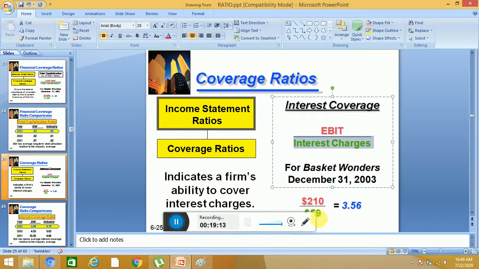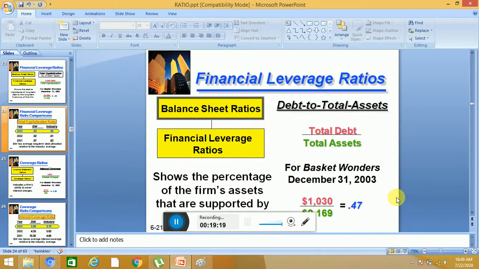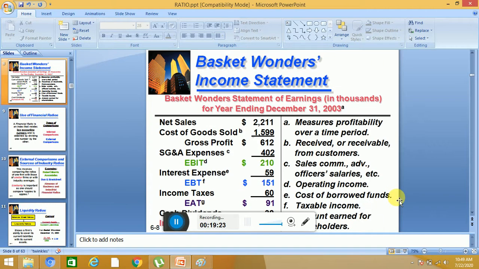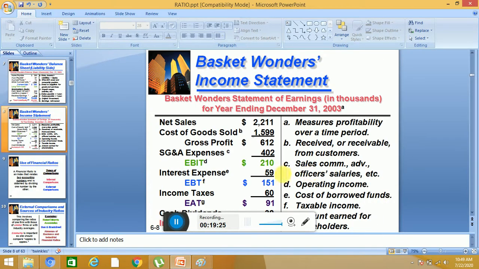So 210 divided by 59 becomes 3.56. Now look at this income statement. This is EBIT 210, and this is interest expense, meaning interest charges. So 210 divided by 59.